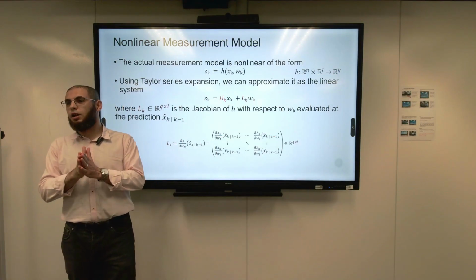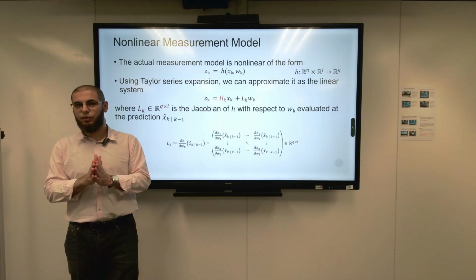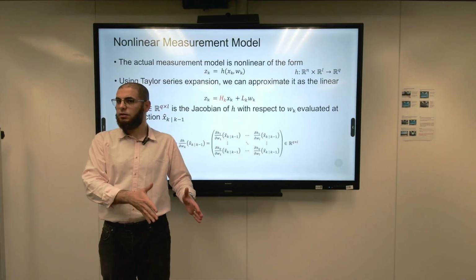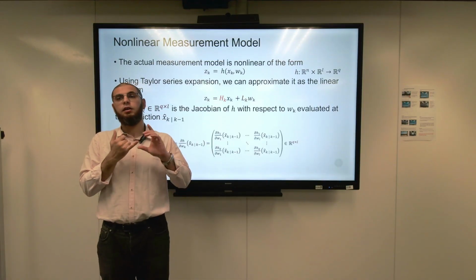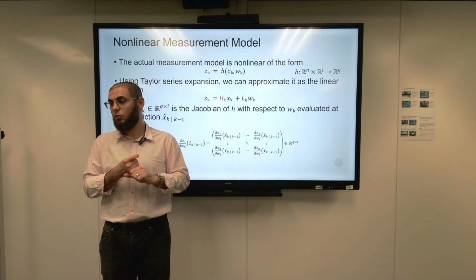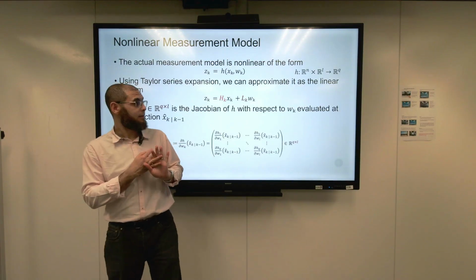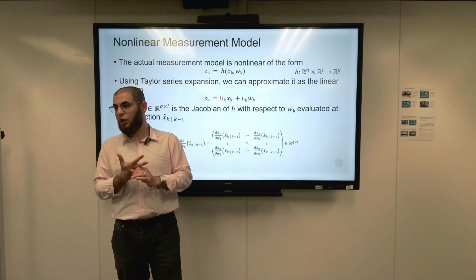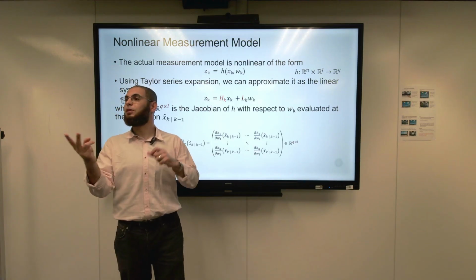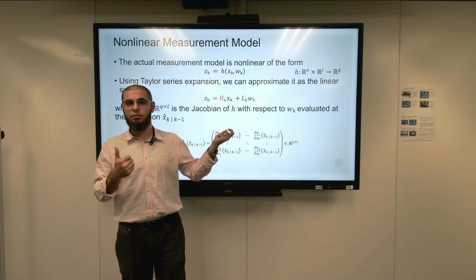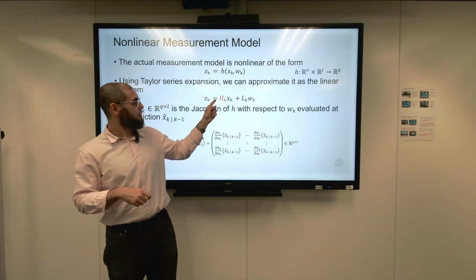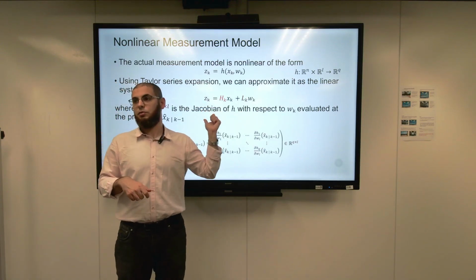So the whole idea of what the extended Kalman filter will do is that it will linearize the nonlinear models, the true models, which are the one for the state transition model, which is nonlinear, and the measurement model, which is also another nonlinear function. It will linearize them to get two matrices, f and g, from the state transition model, and it will get the matrices h and l from the measurement model.